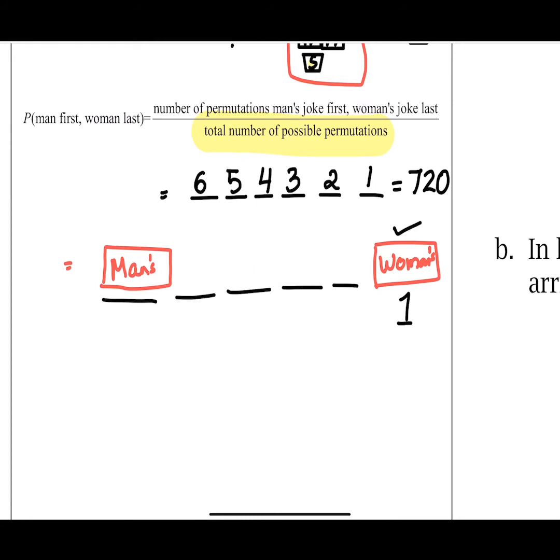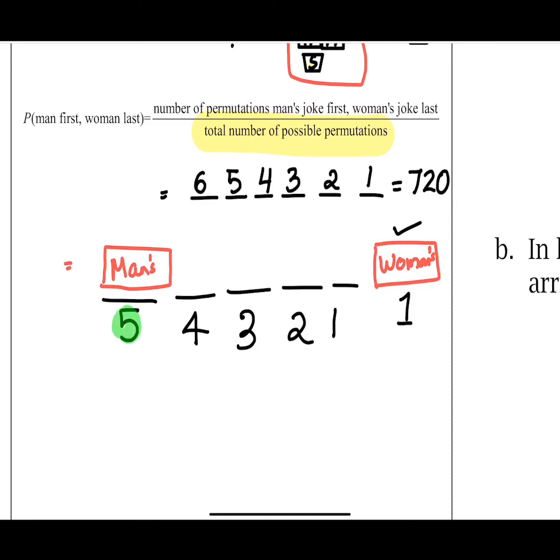Now let's see how many ways a man's joke can come first. The first joke has to be a man's joke. How many ways? 5. Once that's taken care of, the next one has 4, then 3, 2, 1. The first joke is a man's joke, so I have 5 men here and 5 options.